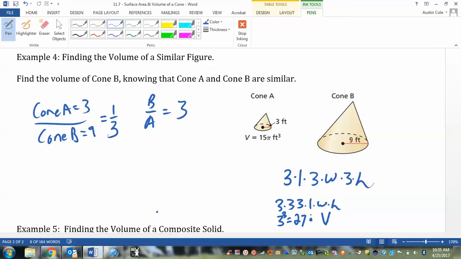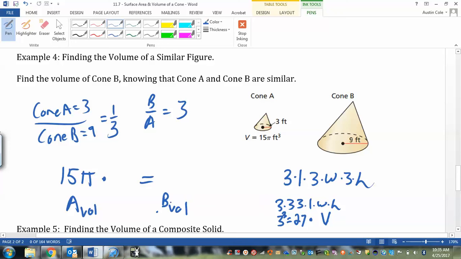So our volume, we have 15 pi for the volume of A. We want the volume of B. What are we going to times 15 pi by? 27. Okay, and that is going to give us our volume of B. And 27 times 15 pi is 405 pi.